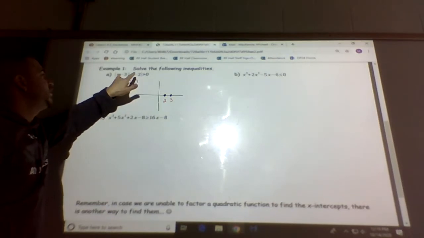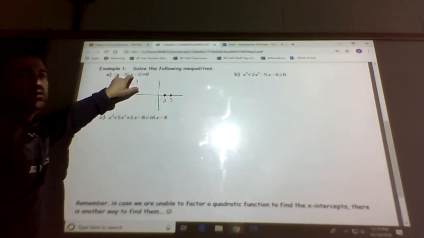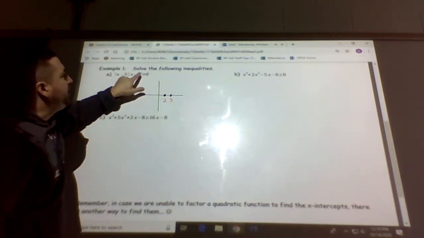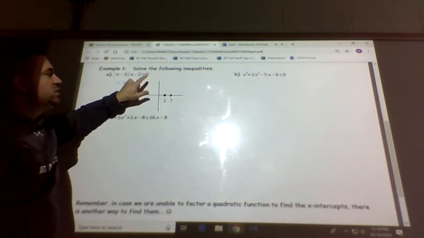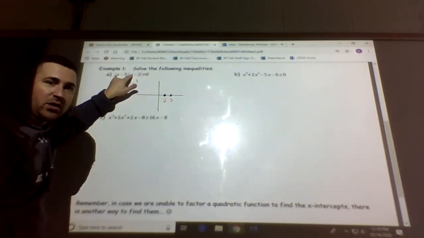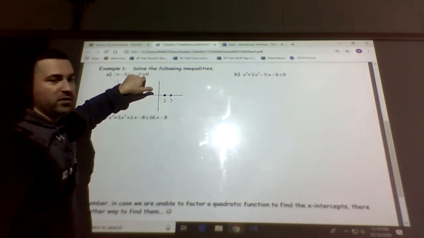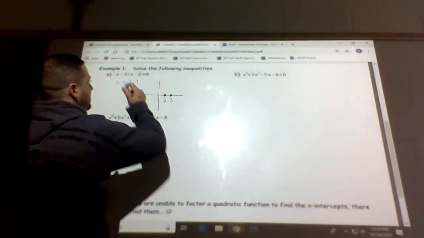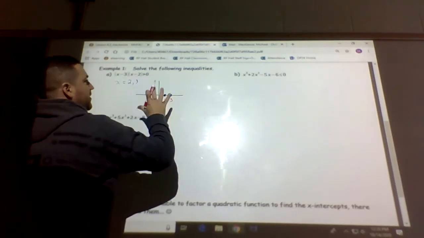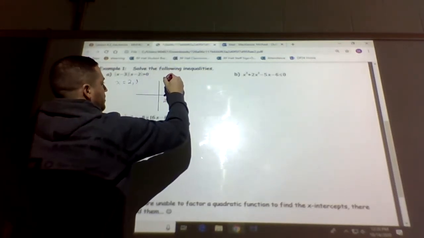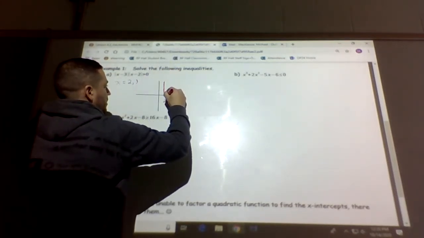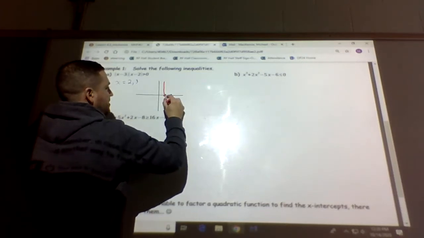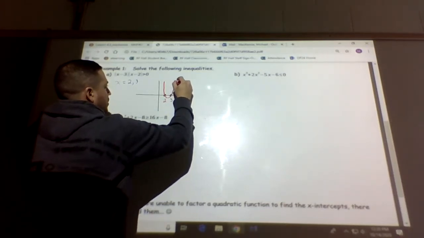We want to know what values of x will be greater than 0. What values of x can we plug in here that will give you an answer greater than 0? If it's a quadratic and it's positive, it's going to go up this way. It's going to come through the x-axis here, turn, and then go up the other way.